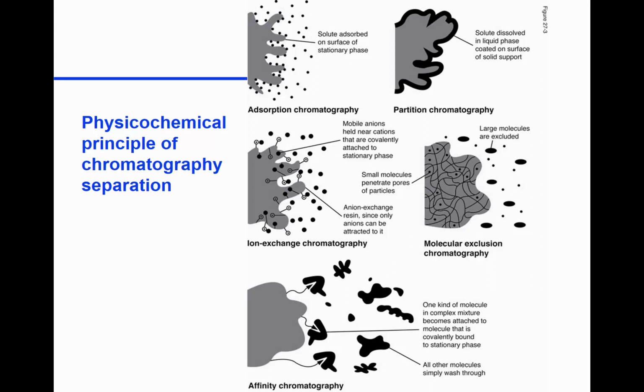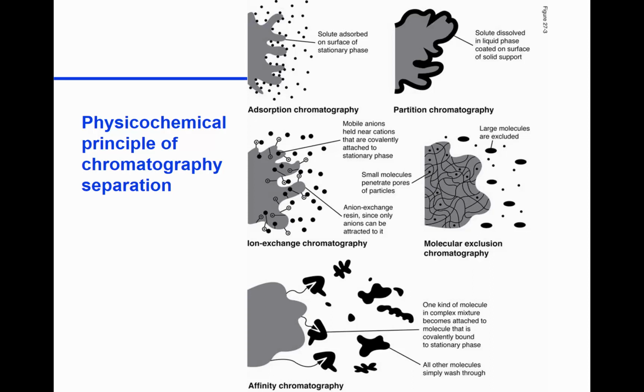So this is the only chromatography where there is no chemical interaction between the stationary phase and your solute. So there is no interaction. They're actually just moving in and out based on their size and the pore size of your stationary phase.